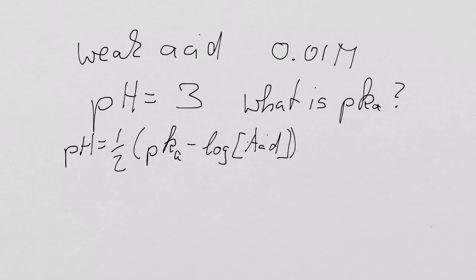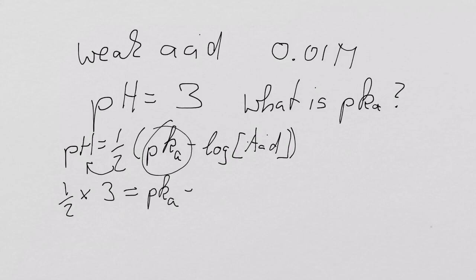So we have to solve this equation for pKa. First of all, we bring the half to the other side. So we have 2 times 3 equals pKa minus log acid.